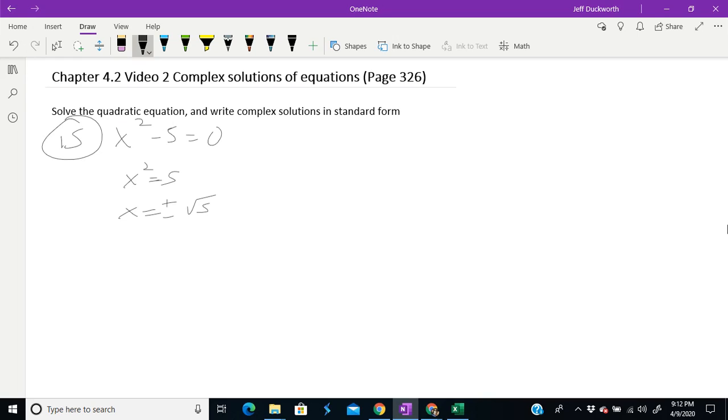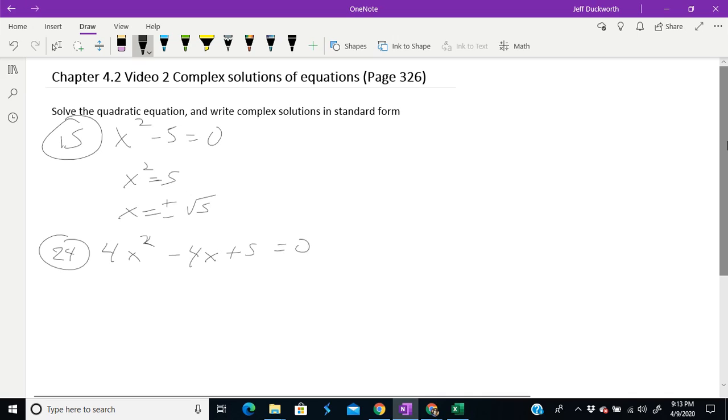So let's try to find one that's going to be harder. Let's do number 24. Actually, scroll down. All right, so 4x squared minus 4x plus 5 equals 0. We're going to use the quadratic formula on this.